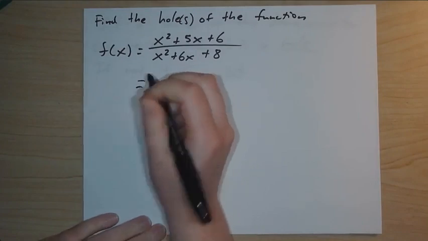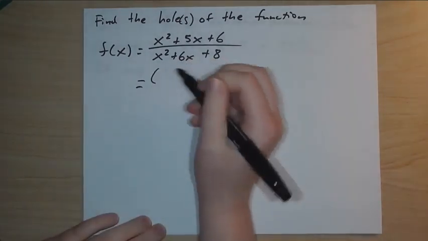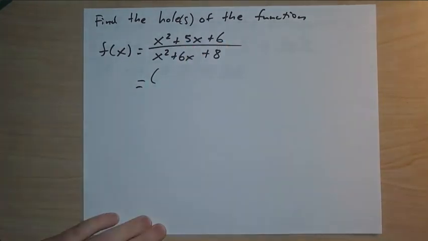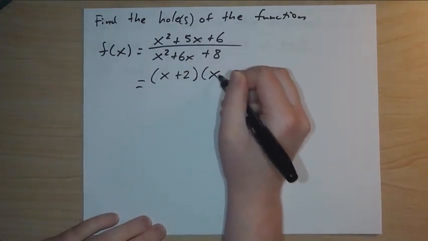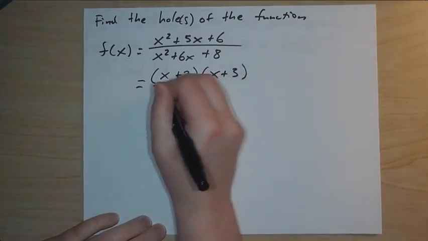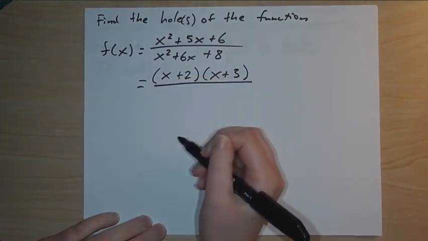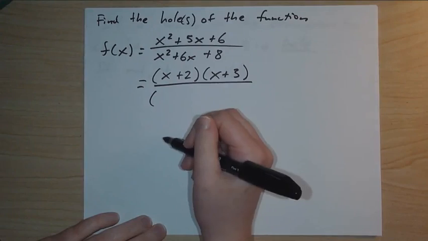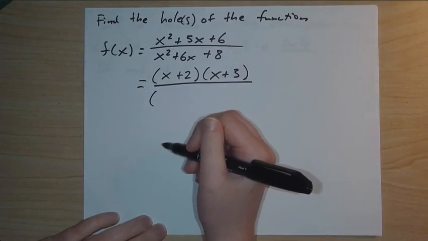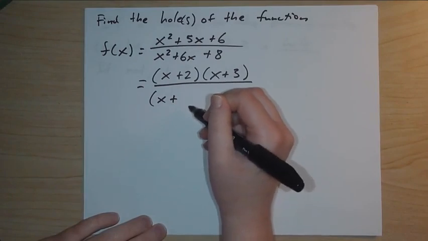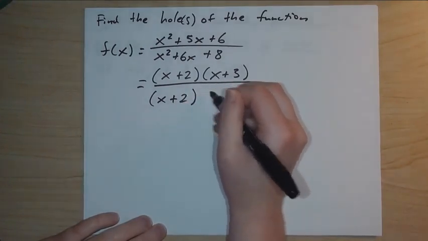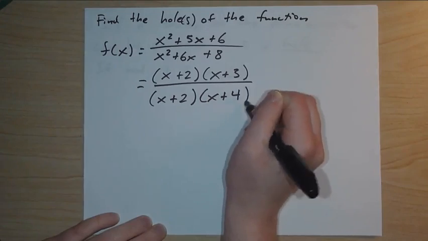So this is going to be equal to, factoring the top, factors of 6 that add to 5, x plus 2 times x plus 3. And the bottom factors to x plus 2 and x plus 4.